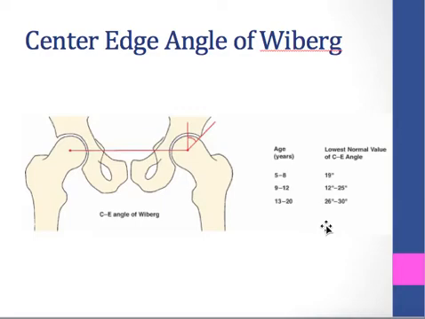When we get into adolescence, we start to see a sharper angle, so 12 to 25. And then as we get into maturity, so as we start to see maybe that pelvis is starting to fix and we're starting to get more set angle of inclination into the actual femur, we're going to see that the CE angle is 26 to 30 degrees.